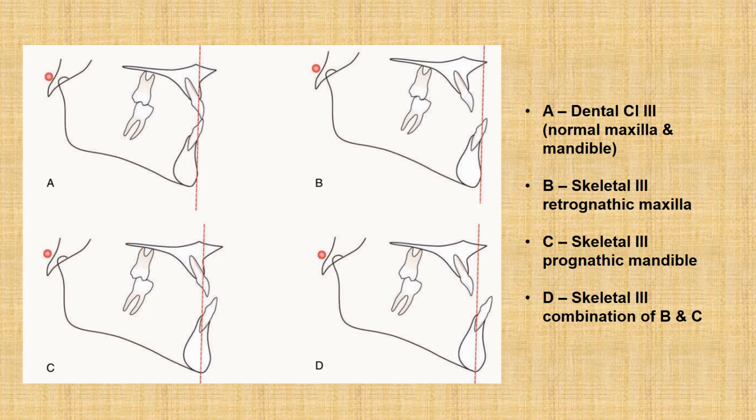Now in B, what we see is a maxilla that is set back from the normal ideal position, and in C we have a mandible which is forwards of the normal position, and in D it is a combination of both whereby the maxilla is set back from the normal position and the mandible is displaced anteriorly from the normal position.